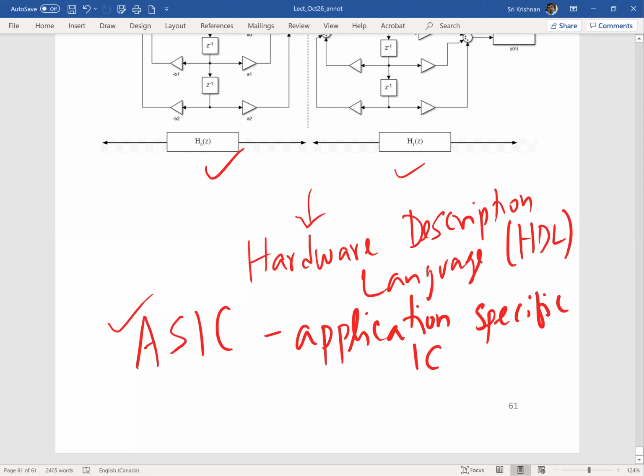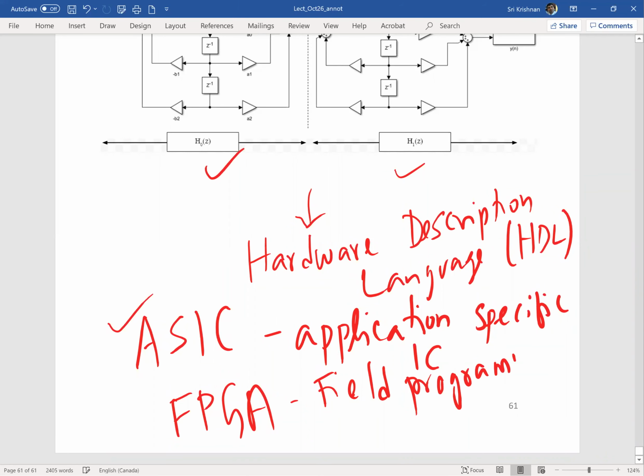Whereas there is another design, if you feel the filter coefficients have to be changed over time, and you need a very general platform, a generic approach. That could be given using what's called an FPGA, and it stands for Field Programmable Gate Array.